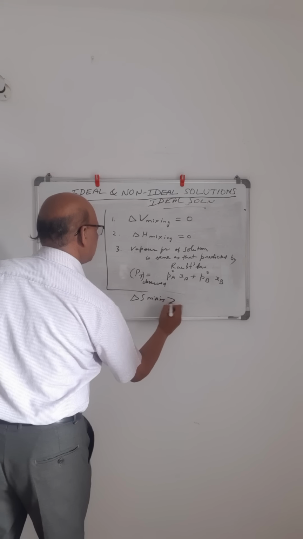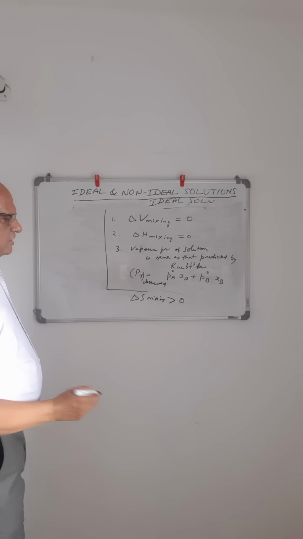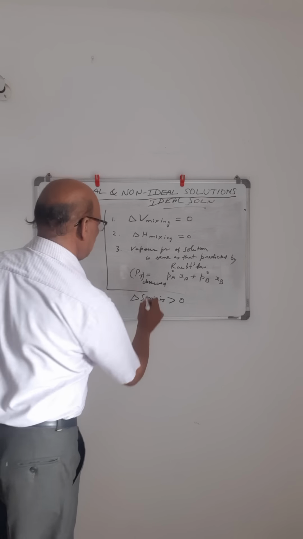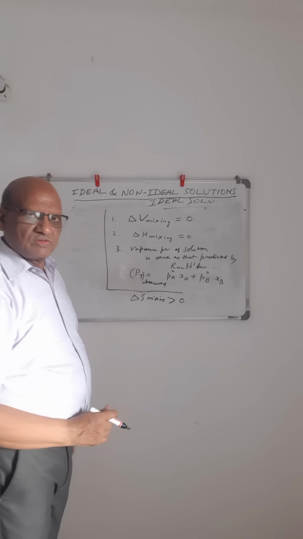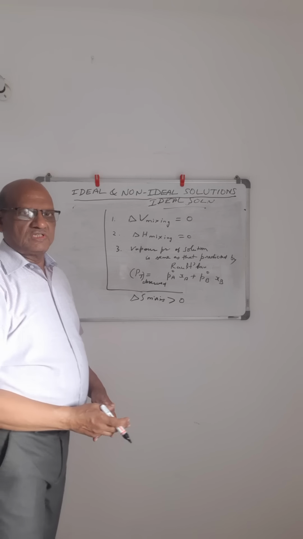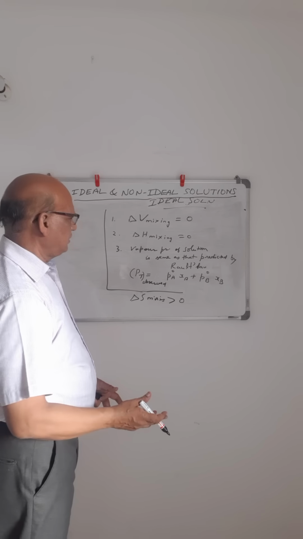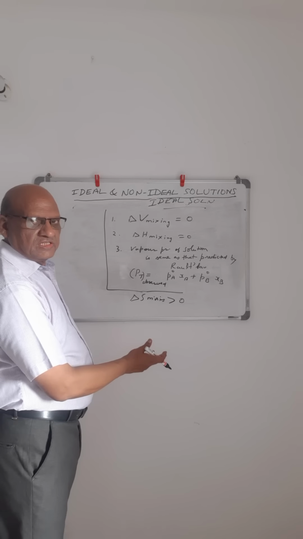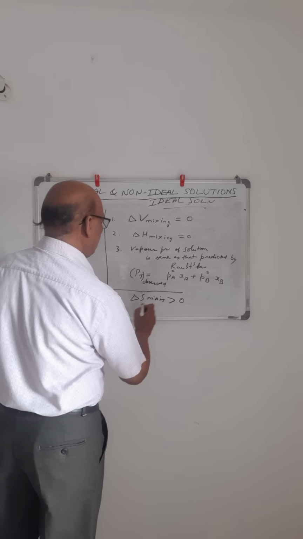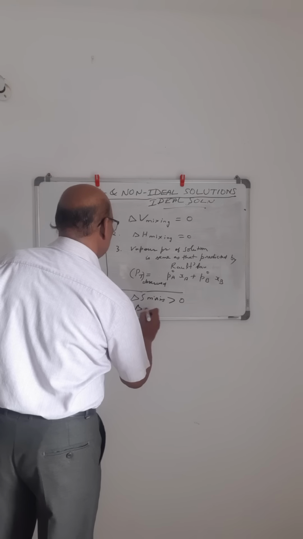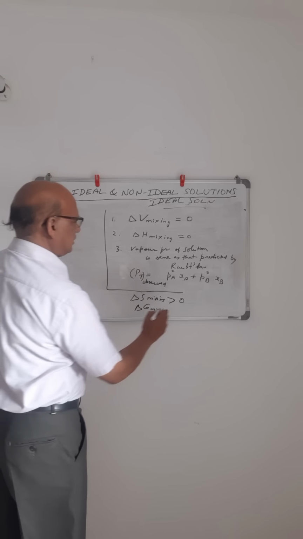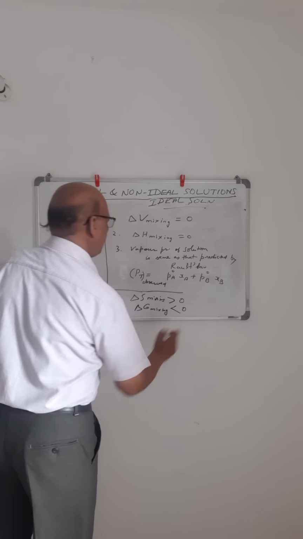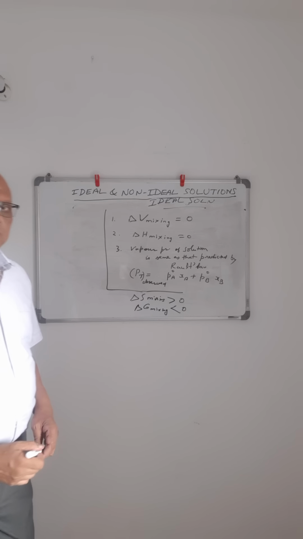Okay. Now we will ask that there are another two conditions, that is delta S mixing. It will always be greater than 0, whether it is an ideal solution or a non-ideal solution. That is, the entropy change on mixing will always be positive, because when we mix the two liquids, the number of molecules will increase, so the randomness will increase, so the entropy change will be positive. And similarly, your delta G mixing, that is the Gibbs free energy change on mixing, will be less than 0, because this process is spontaneous.